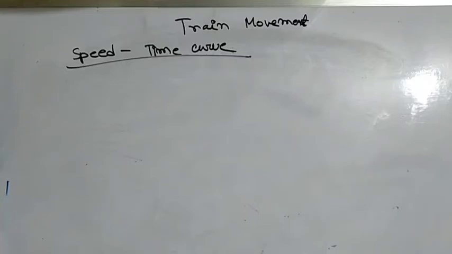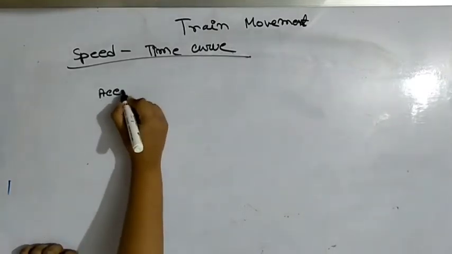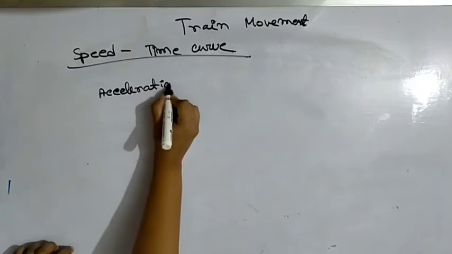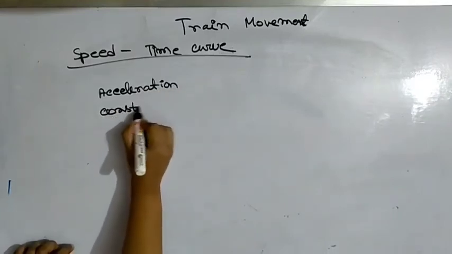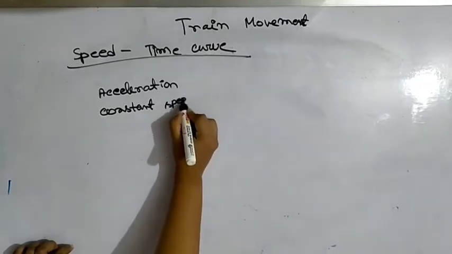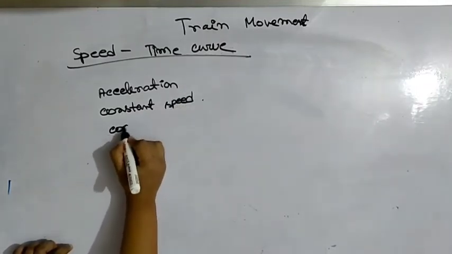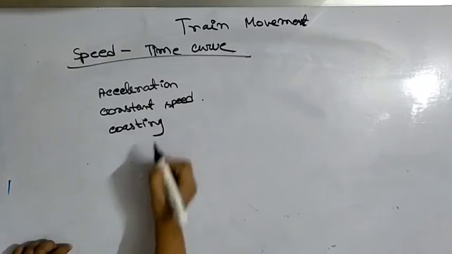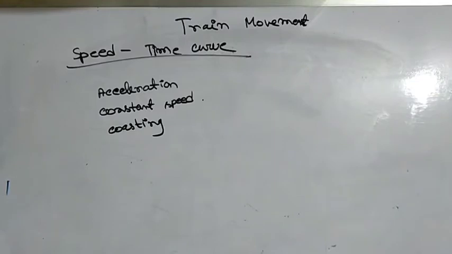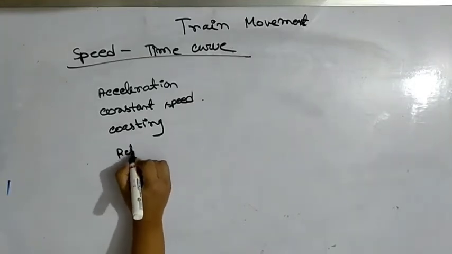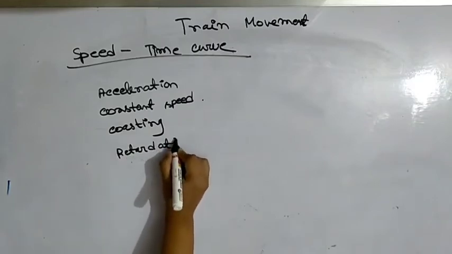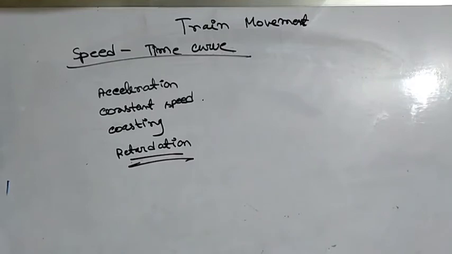In general, the motion of the train can be classified as acceleration, constant speed, coasting, that is running with power switched off, and therefore there is a retardation due to frictional and windage forces, and the last is retardation, and this is due to braking.